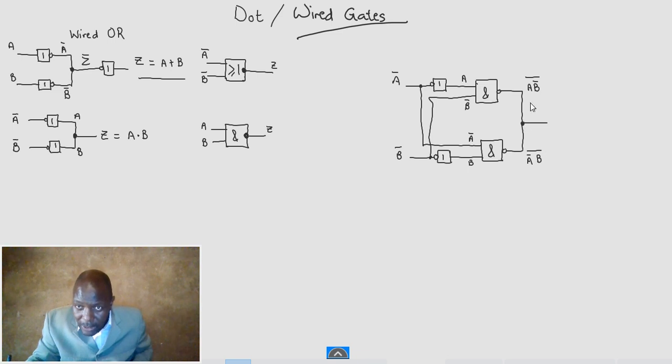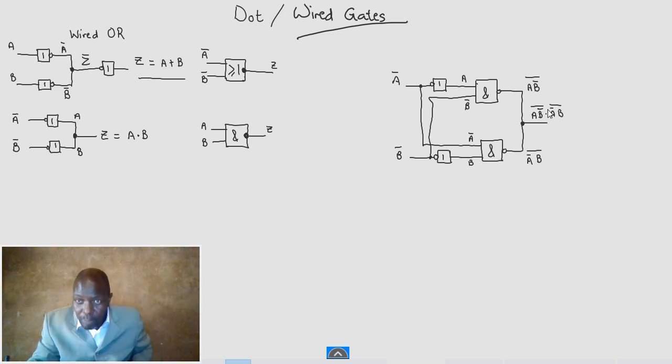This is going to say if there's a 0 here, I pull it down. If there's no 0, that's an AND reaction, A not B, and not A, B.